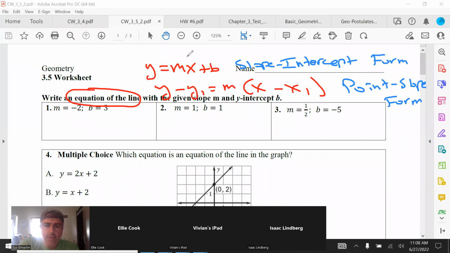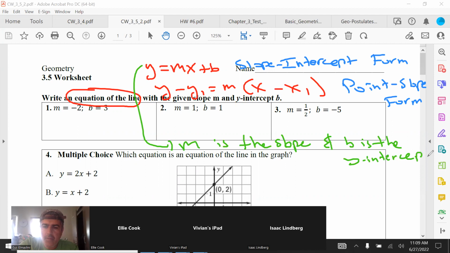Now, for slope-intercept form, m is the slope, and b is the y-intercept. The y-intercept means you're touching the y-axis. And even tell you, m is the slope, b is the y-intercept.